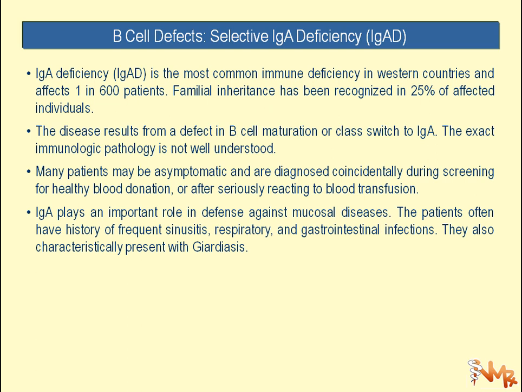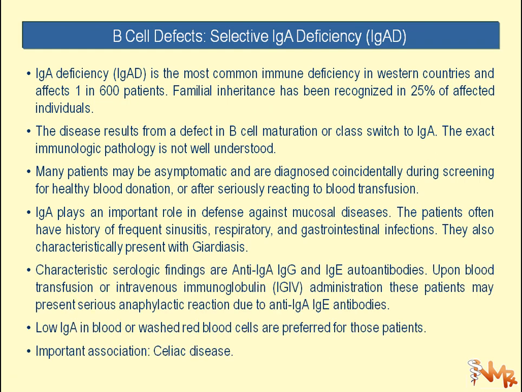IgA plays an important role in defense against mucosal diseases. The patients often have a history of frequent sinusitis, respiratory, and gastrointestinal infections. They also characteristically present with giardiasis. Characteristic serologic findings are anti-IgA IgG and anti-IgA IgE antibodies. Upon transfusion or intravenous immunoglobulin administration, these patients may present with serious anaphylactic reaction due to anti-IgA IgE antibodies.